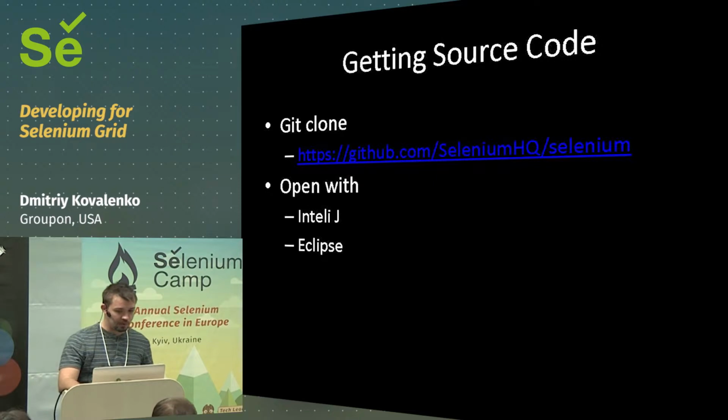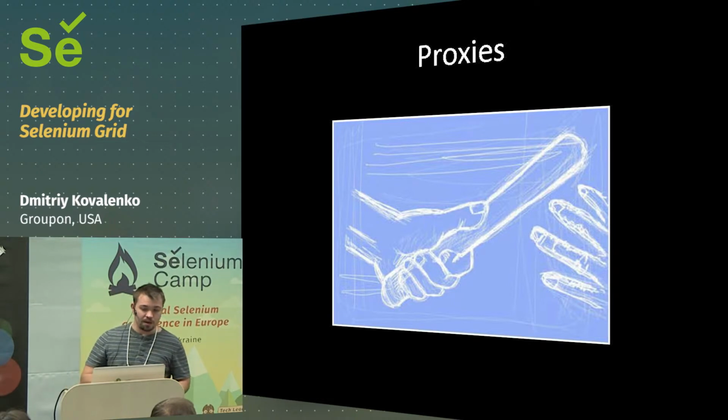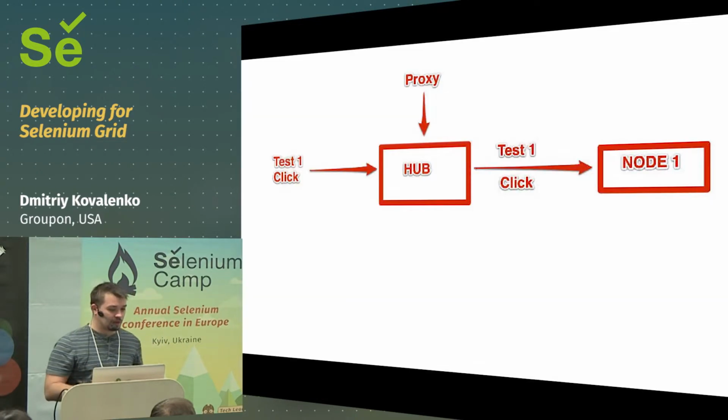The most important one, in my opinion, is the proxies. And the proxy classes are quite literally what they are. When a test says to the hub, I would like to click on this element, the hub just passes that click command on to the node. So in fact, the hub is just a proxy.